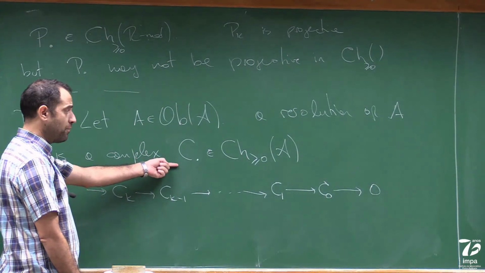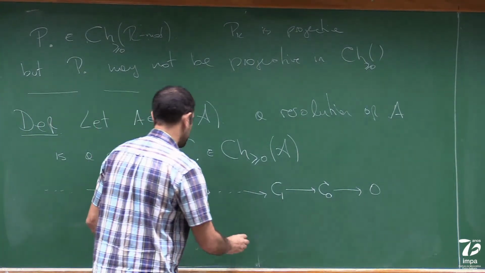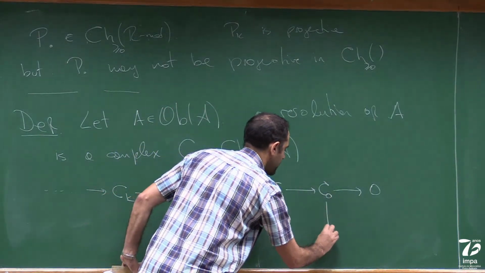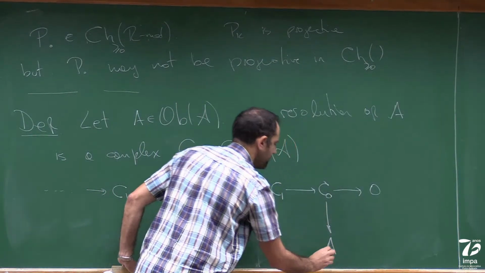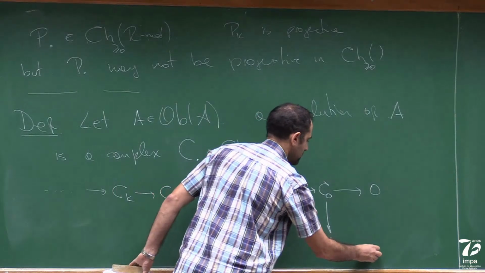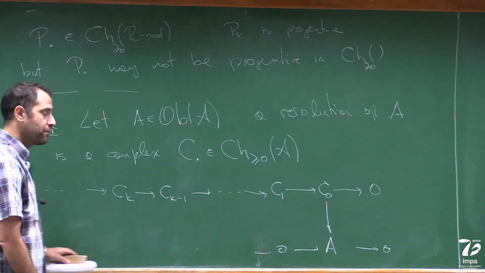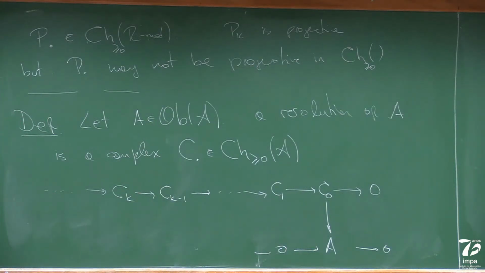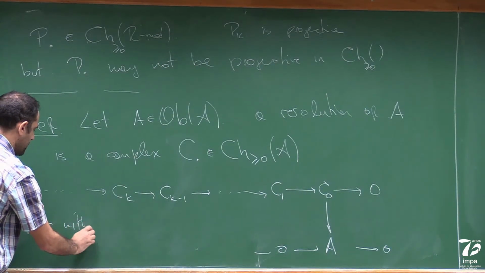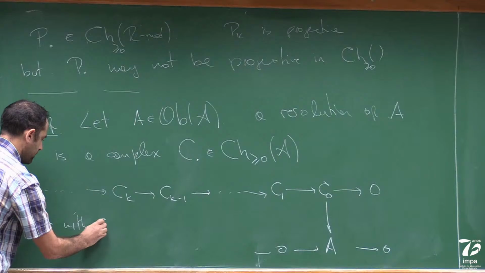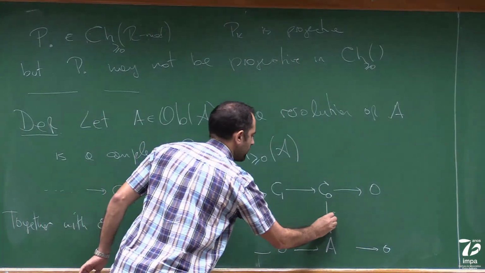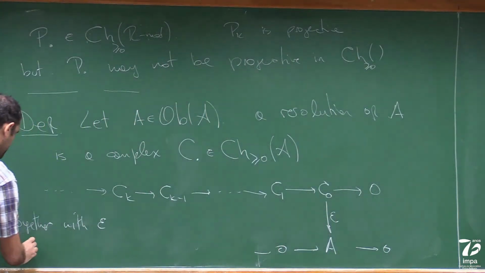And so it's a complex together with a map of complexes. So I can also look at the complex A, which has 0 everywhere else. So the differential is 0. And I want to have a map of complexes.